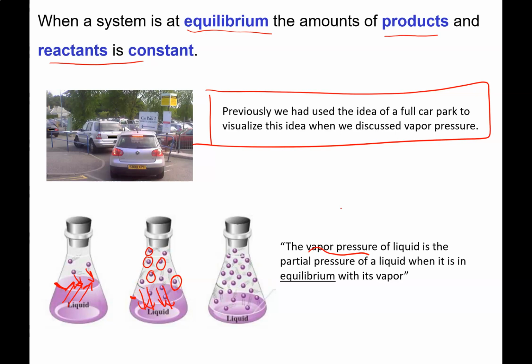Eventually you get to a point where the rate of evaporation equals the rate of the return of the gas phase particles to the liquid, and the level of the liquid doesn't change, and the pressure of the vapor remains constant, and that's what we refer to as the vapor pressure. The vapor pressure of the liquid is the partial pressure of a liquid when it is in equilibrium with its vapor, and that means that the liquid is leaving just as quick as the vapor is returning to the liquid.